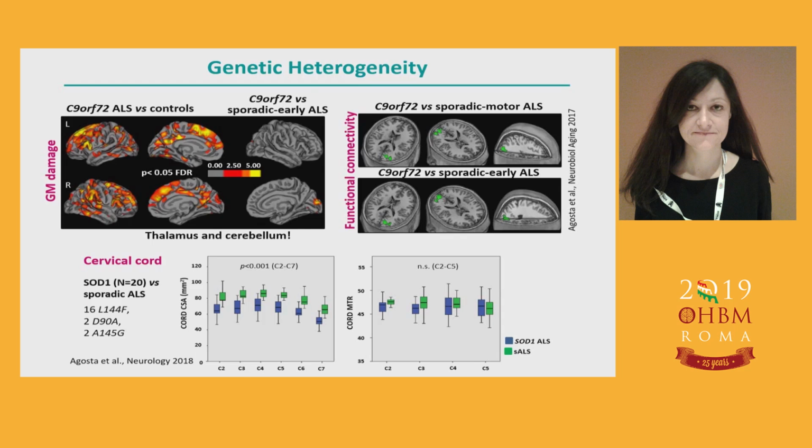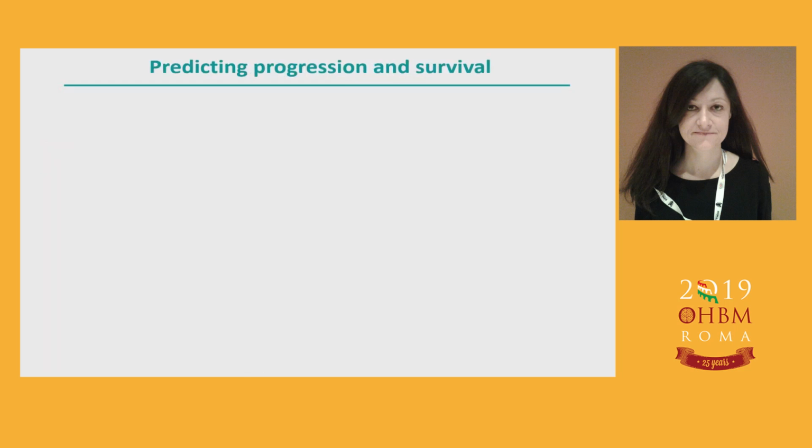conditions. Another major point in neurodegenerative conditions, as I told you at the beginning of my talk, is not only to make the right diagnosis at the beginning of the disease, but also to be able to predict the progression of the pathology in the CNS of your patient. So predicting the progression of pathology means being able to predict the clinical evolution and survival in these patients.